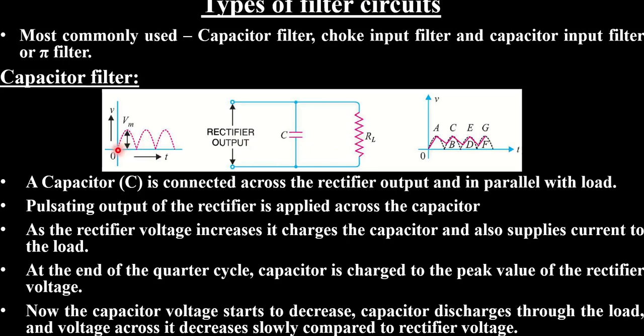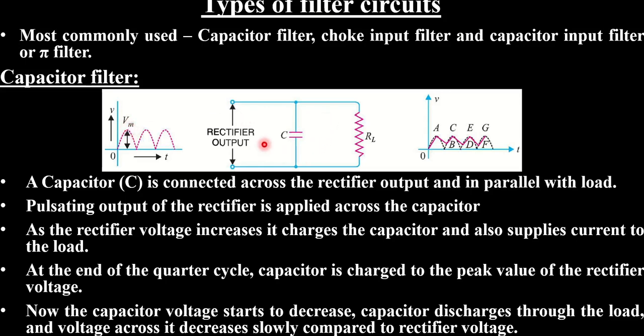When the input signal starts to increase, the capacitor starts to charge, and at the end of the quarter cycle, the voltage of the rectifier output reaches the maximum value Vm.